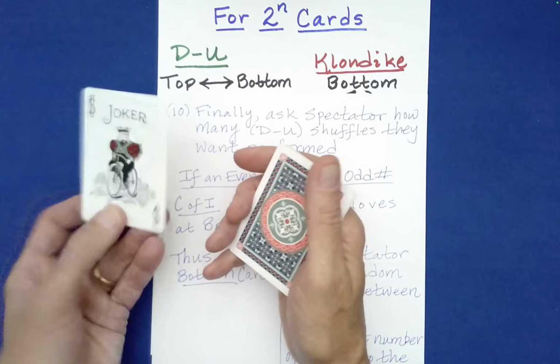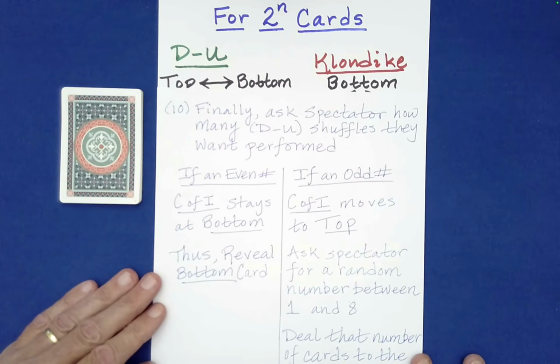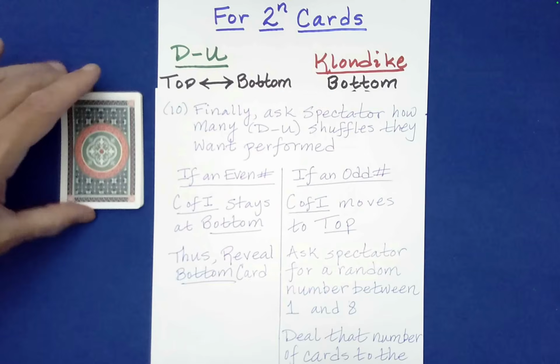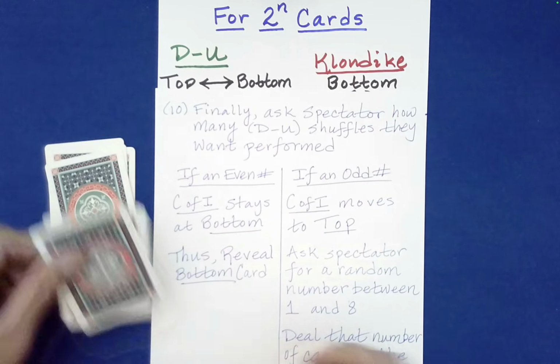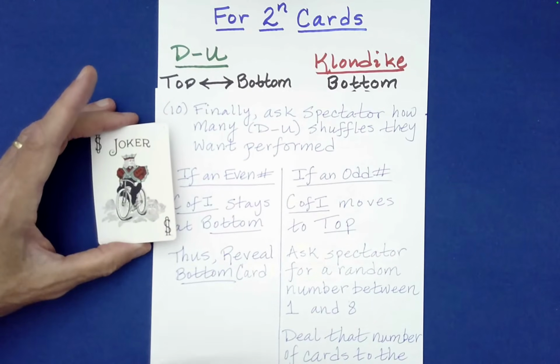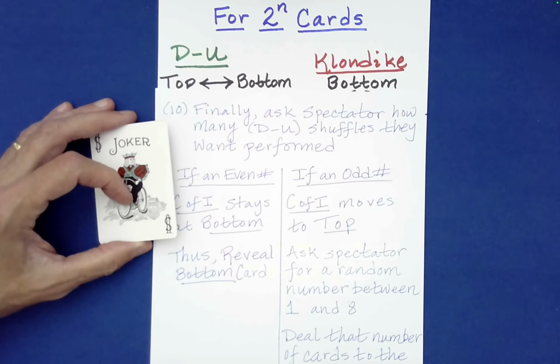So all you do is you just ask the spectator a second time for a random number between 1 and 8. And then maybe they'll say 4 or something. 1, 2, 3, 4. You've moved the joker back to the bottom, which will agree with your written prediction. And then you just reveal it at the bottom like I did.